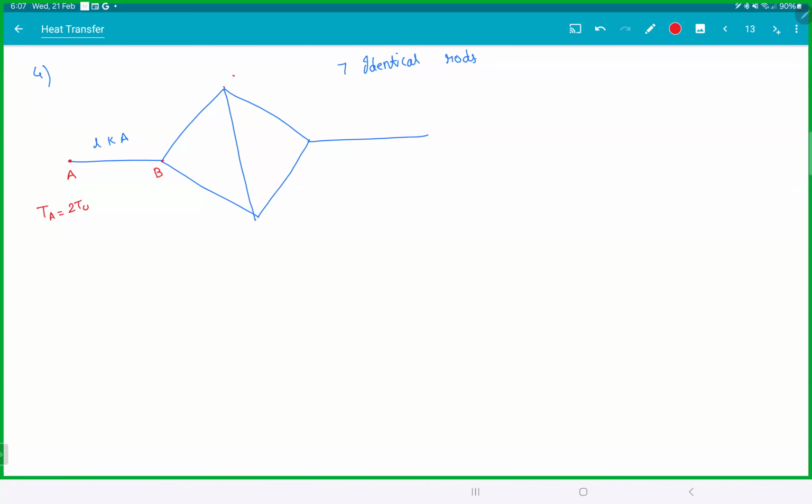This is B. This is C. This is D. This is E. This is F. And temperature at F is T naught. Find heat flow through each rod, and temperatures at B, C, D, E.